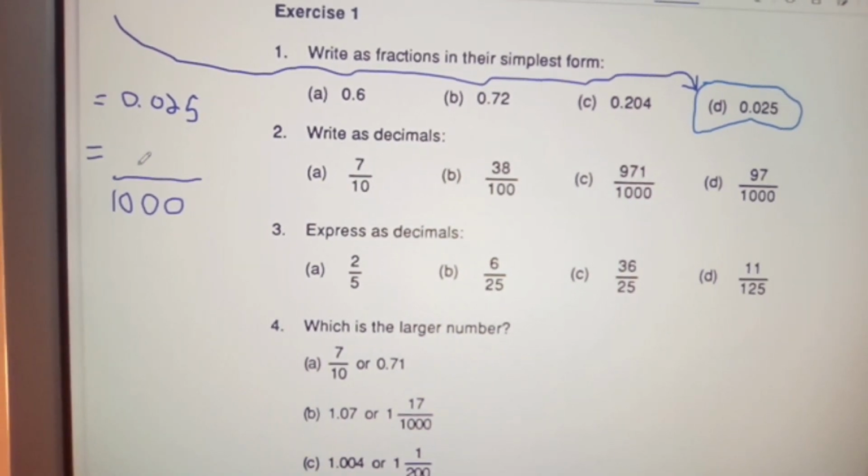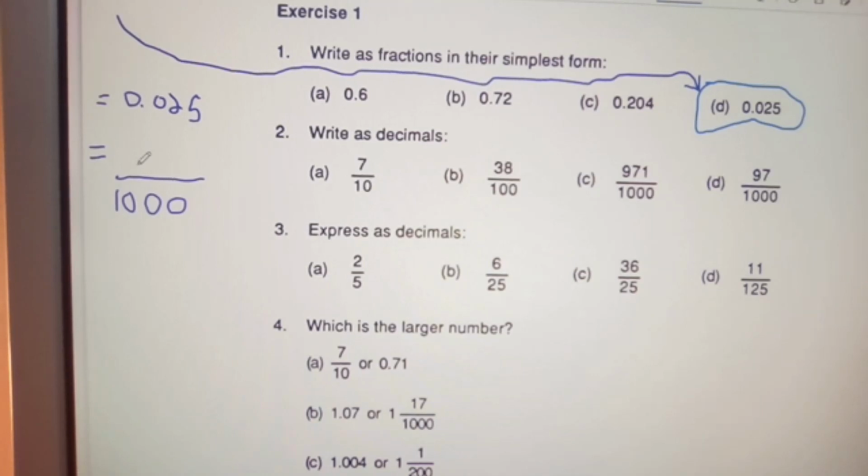That's going to be, well, it's still 0.025.